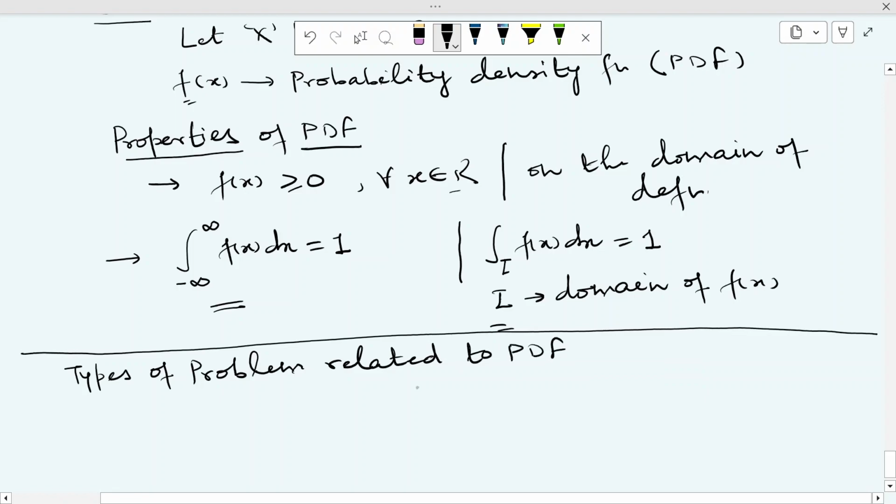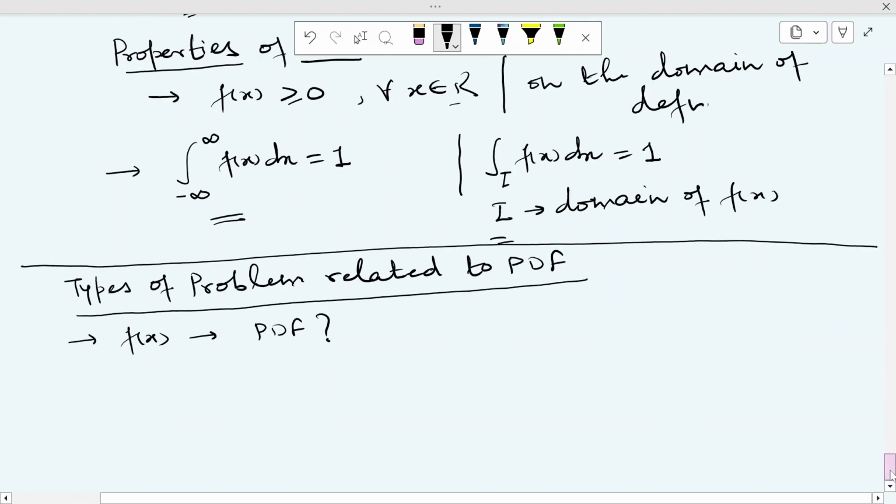Sometimes some function f(x) is given, and we have to check whether it is a PDF or not. In this type of problem we have to check these two properties, and once a function satisfies these two properties, it will certainly be a PDF.